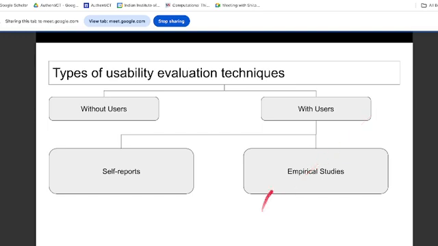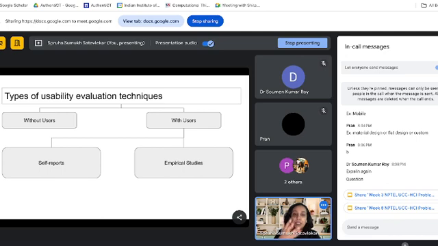Yeah, so we spoke about empirical studies last week. Basically, we create a hypothesis that this design will make the user's performance better or users' satisfaction better. Then we create the research question. According to that, we decide which variables we are going to measure.